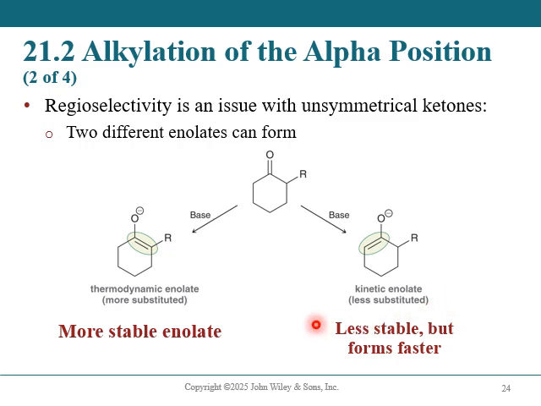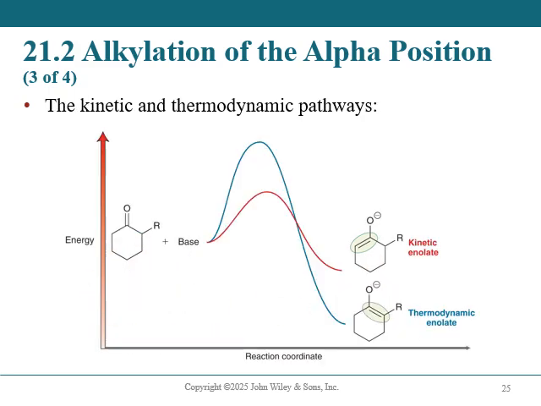So you have that competition between the thermodynamic enolate and the kinetic enolate. And it all comes down to the overall energy. You can see the kinetic and thermodynamic pathways. Kinetic, if formed faster, has a smaller activation energy. So you're going to get a little bit of that kinetic. You're also going to get a little bit of that thermodynamic enolate.